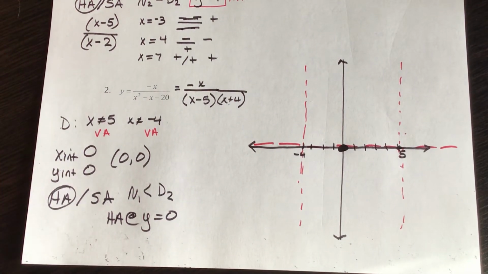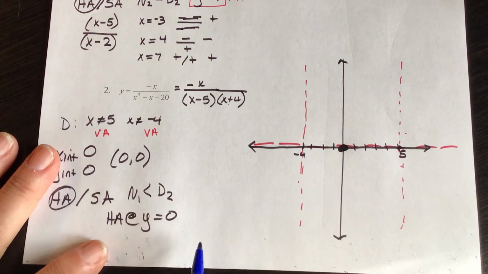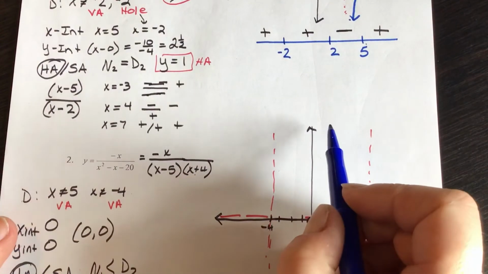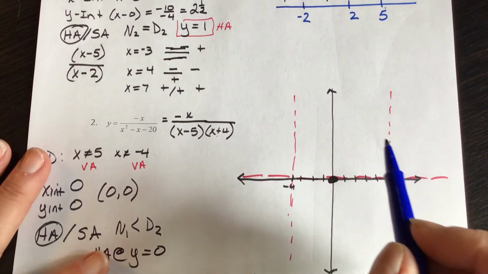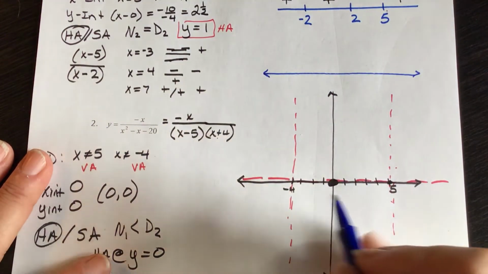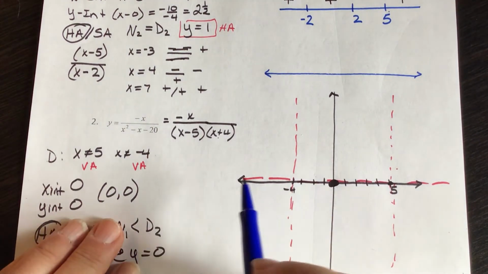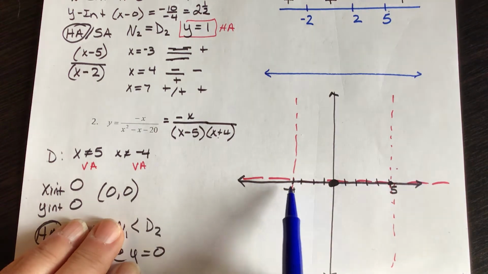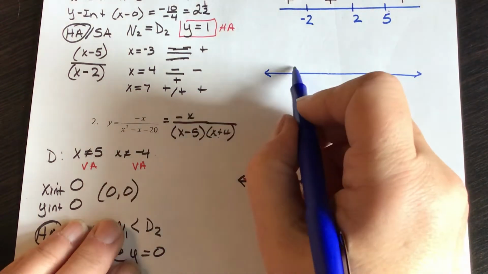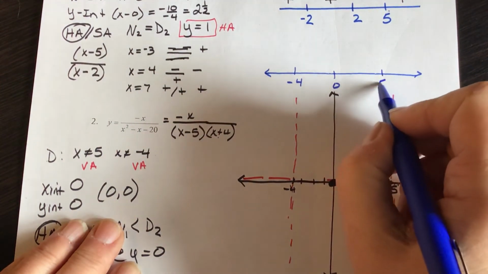All right, so now looking at where is my graph positive or negative. So I'm going to do my number line. How about if I do that space where I can draw and see as I calculate. So on my x-axis, these are my points of concern on my number line. I have one at -4, I have one at 0, and I have one at 5.